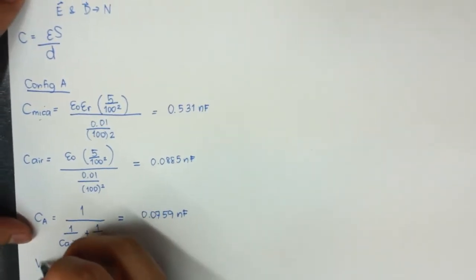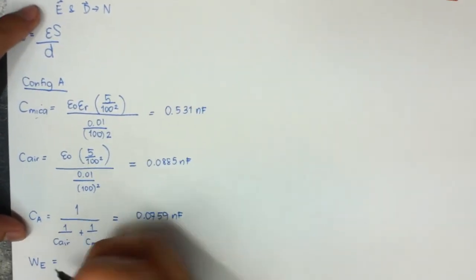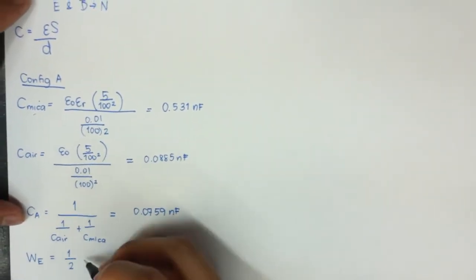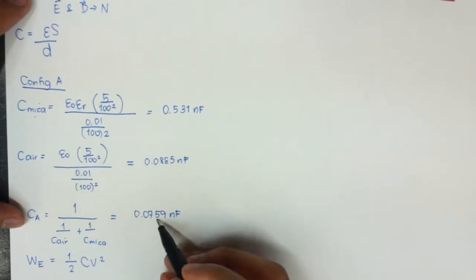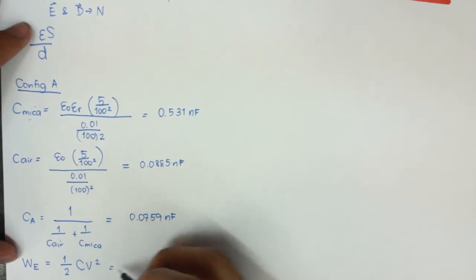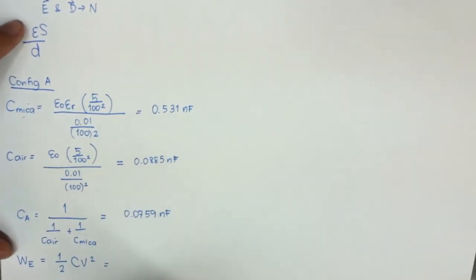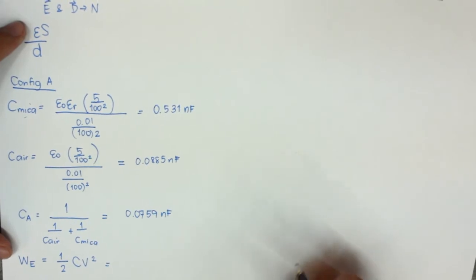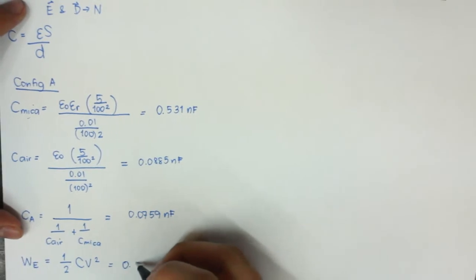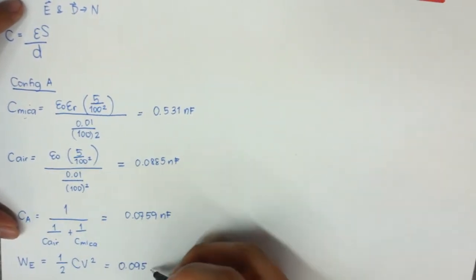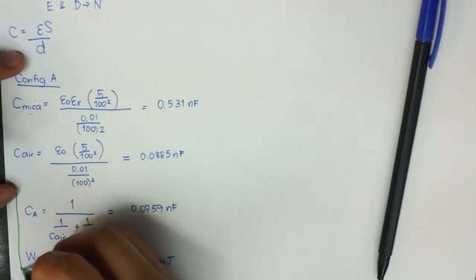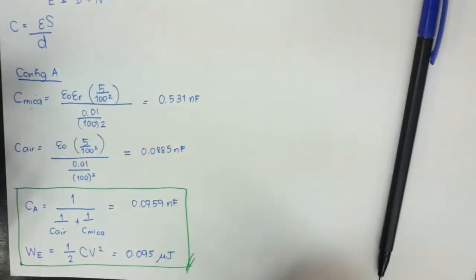And then the energy stored in this configuration, given 50 volts na potential, we can use the formula 1/2 CV squared. We know the capacitance, we know voltage, then we can get the energy stored. So yung energy stored na to, same lang dun sa formula na ginamit natin dati. Yung may squared nung magnitude ng electric field. Microjoules. So these are the answers for the series configuration.